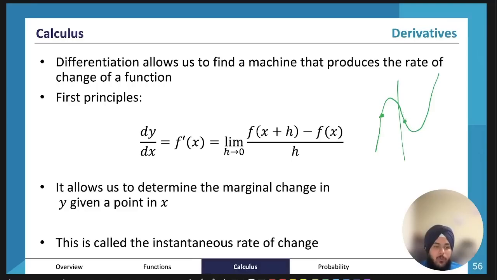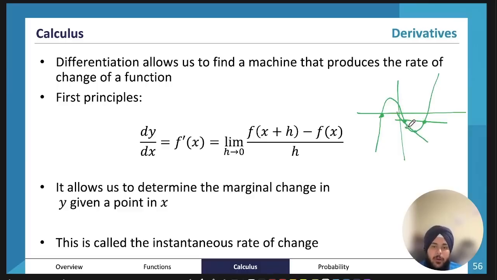What first principles, which you don't need to know for year 12, essentially is, we're trying to work out, let's just say instead of working out the gradient at this point, we might want to work out an average between these 2 points. But we want to get even closer, so we might do between these 2 points. So now we're getting closer to the estimation of the gradient.